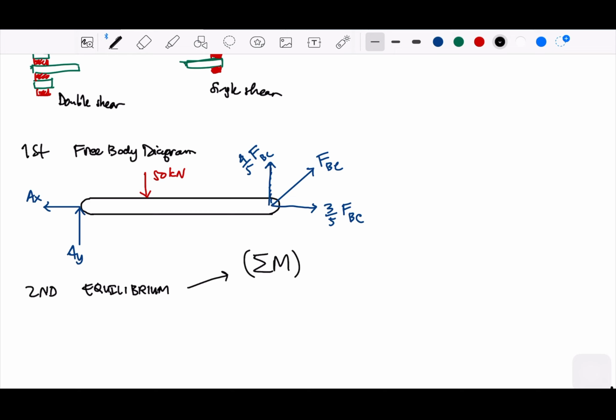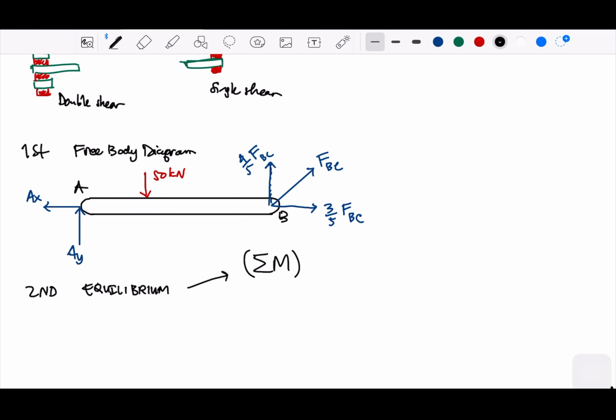Let me name here, I forgot to name. This is A, this is B. Which point do you want to take the moment, A or B? I think both are fine in this case. Yes, both are fine.